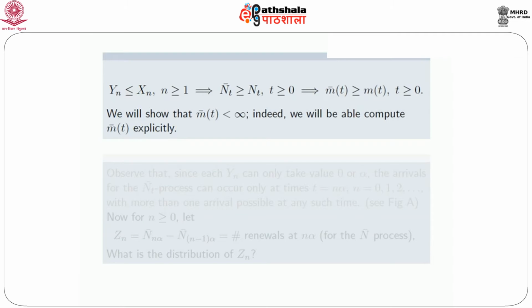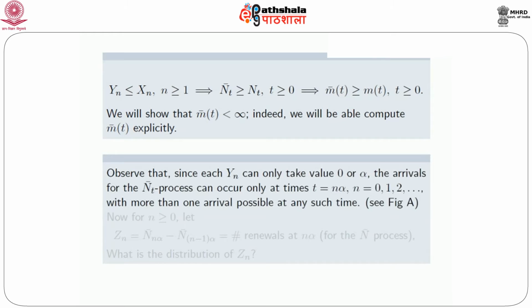This will show automatically that mt is finite, and in fact, as I said, we will be able to compute m bar t explicitly. So now the computation starts. Observe, since each yn can only take values 0 or alpha, for the n hat t process, arrivals can occur only at times which are multiples of alpha.